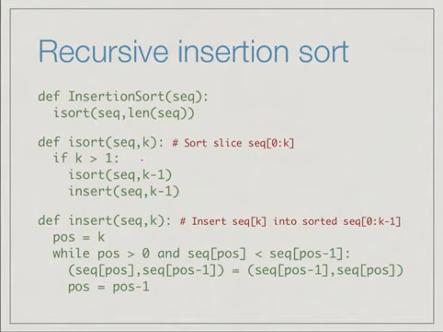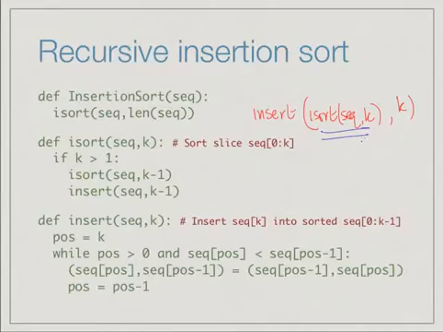So here is a recursive definition of insertion sort in Python. The natural thing in Python or in any other language would be to say that we want to insert the last position into the result of sorting the sequence up to but excluding the last position. But the way we have written our insertion sort, this function does not return a list.